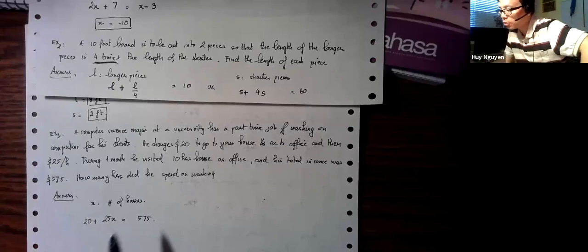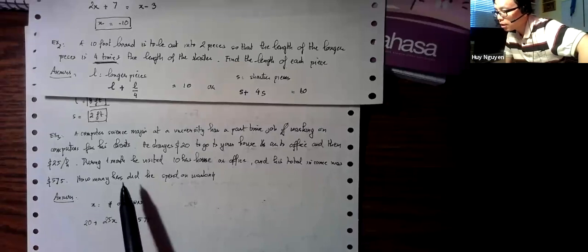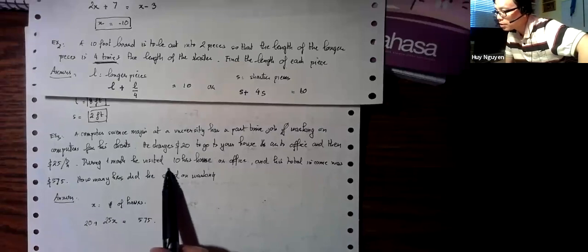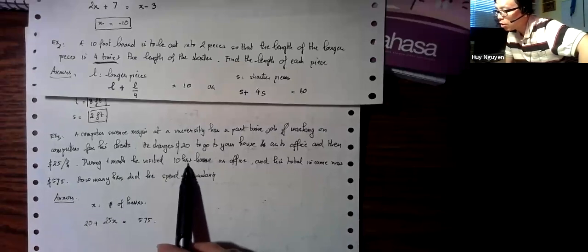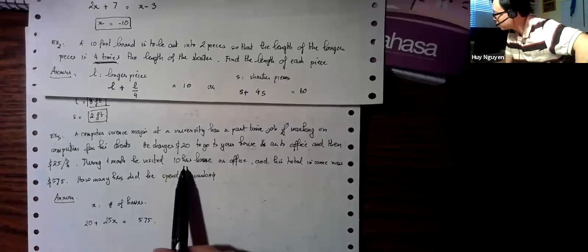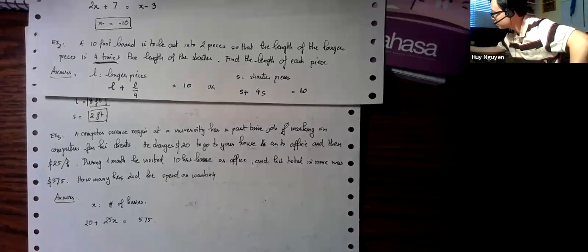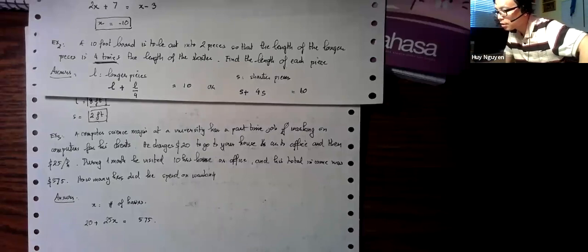All right, hold on. During the first month, he visited 10 houses. Oh, this is information we have not used. I think 10.